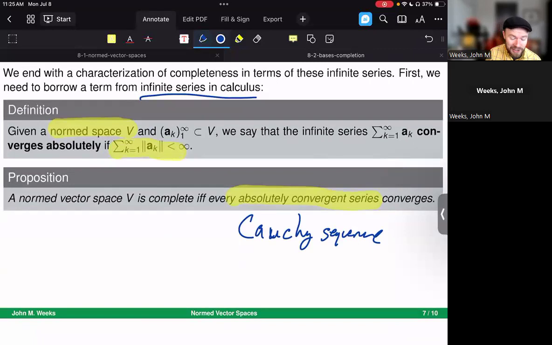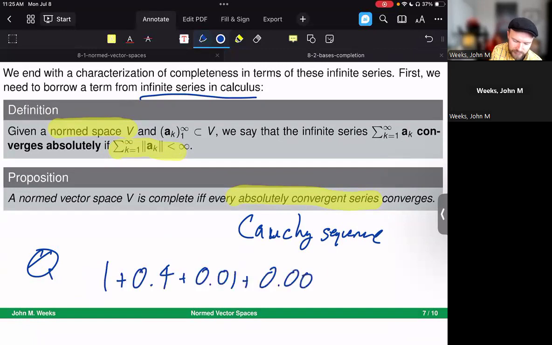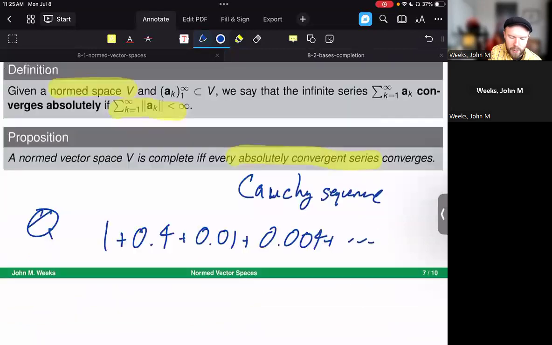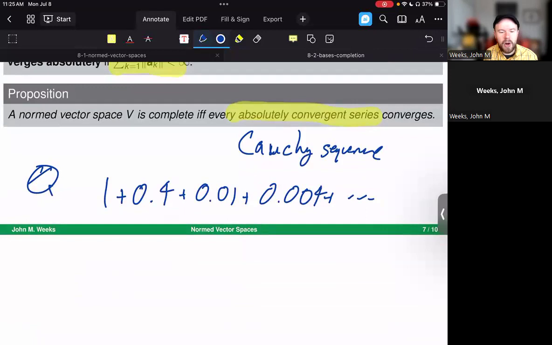And one thing that you could do for that is you could say, okay, well, I'm going to take myself in the form of the rational numbers, and I'm going to take my sum to be that of taking elements of the form 1 plus 0.4 plus 0.01 plus 0.004. I use this type of example quite a bit, but you could see that these are all rational numbers when I consider their partial sums.